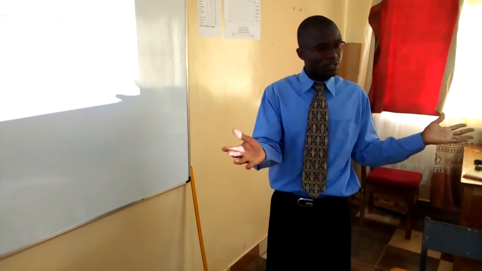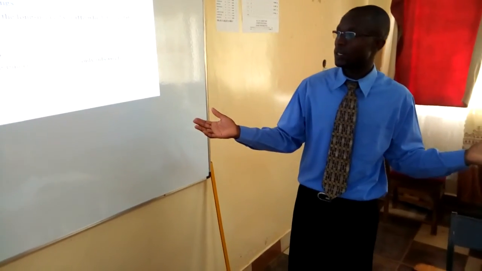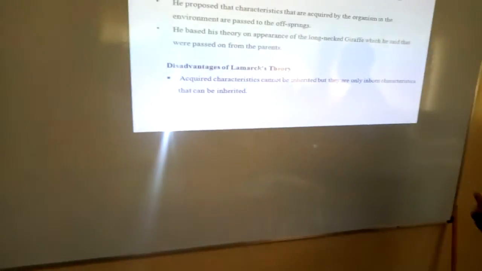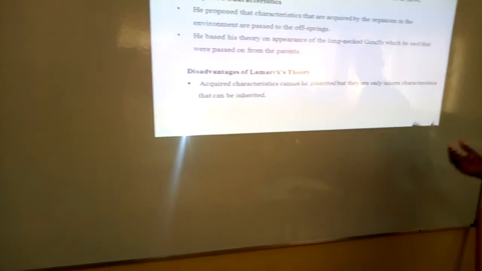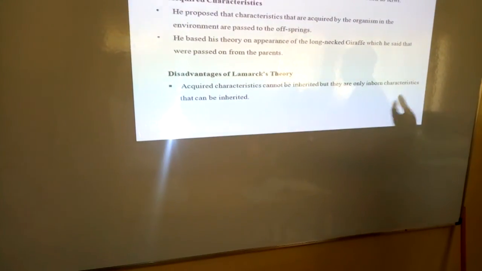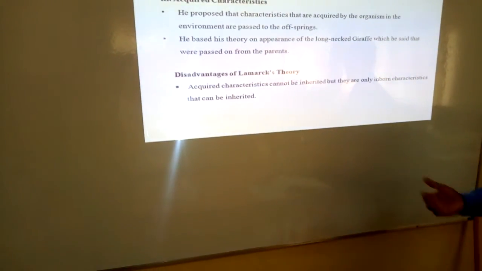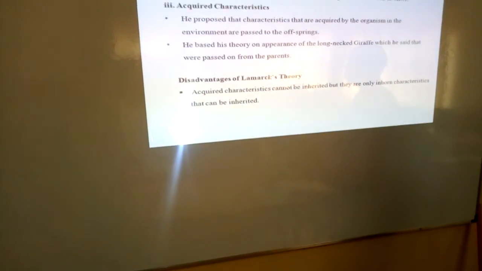If the resources are there, the person will not continue stealing because that is not inborn. So other scientists disputed that characteristics acquired from the environment can be passed to the next generation. Only inborn characteristics can be passed to the next generation.